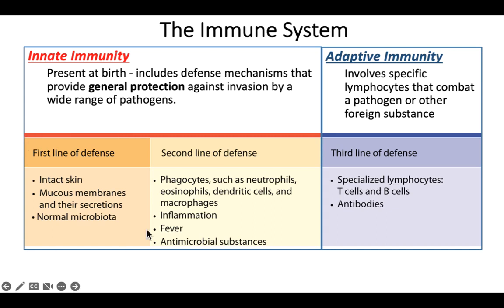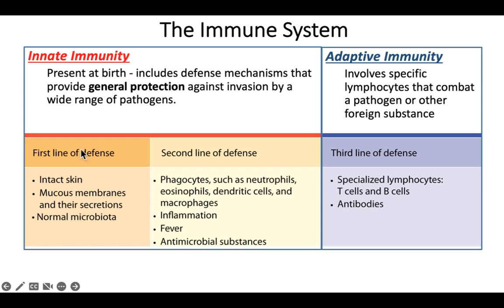So first lines of defense are barriers. So we can barricade the body with our skin. Intact skin is a really strong barrier. Very few organisms can penetrate through skin as long as it's still intact. Now, once it's not intact, you get a cut or a scrape, that definitely opens up the body to infection.